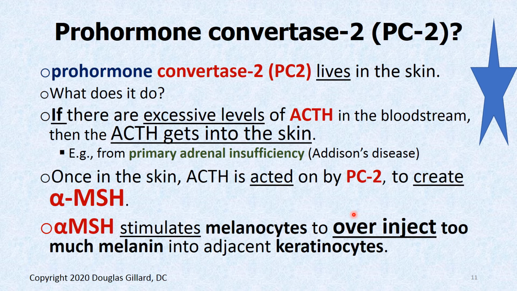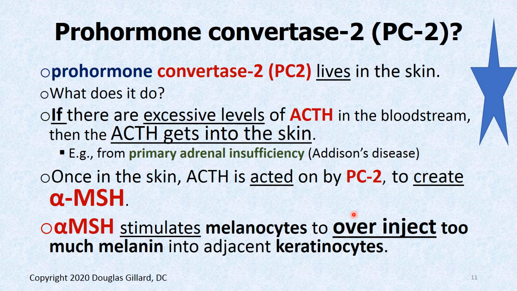So none of the adrenal hormones are coming out. You're going to have really high levels of ACTH, right? Because there's nothing to shut off the HPA axis. So remember, cortisol, negative feedback system, it shuts off the production of ACTH. There's nothing to do that if there's no cortisol around.